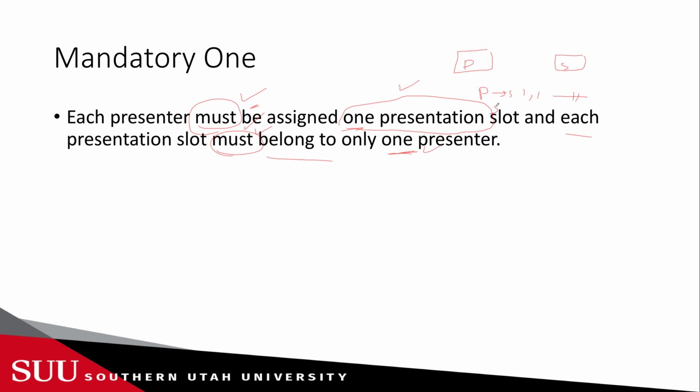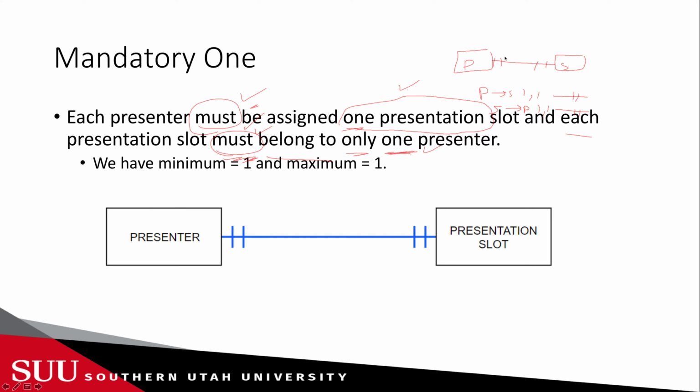Similarly, from slot to presenter, my minimum is 1 because we say must belong to only 1. So my minimum is 1, my maximum is 1, and I will have this notation. So I will have this ERD here, and I will say is assigned or anything on top. I will need to have some kind of label in here to tell me what the relationship is.